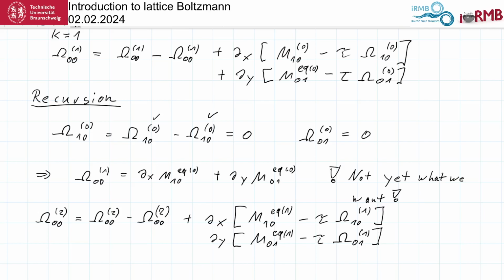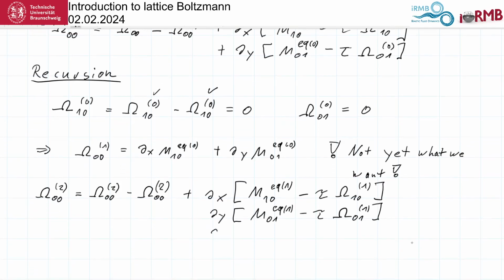And now we actually have the time derivative, because in the time derivative we lose two orders. Yeah? So dt comes now m00, because in the time derivative we do not count the indices up. It's the same moment, and it's equilibrium to zero order minus tau omega 00 to zeroth order, of which we already know that it is 0.